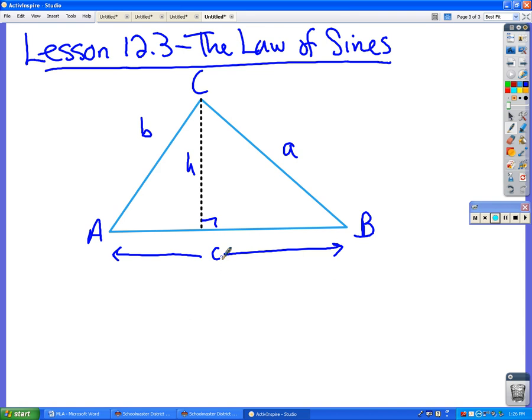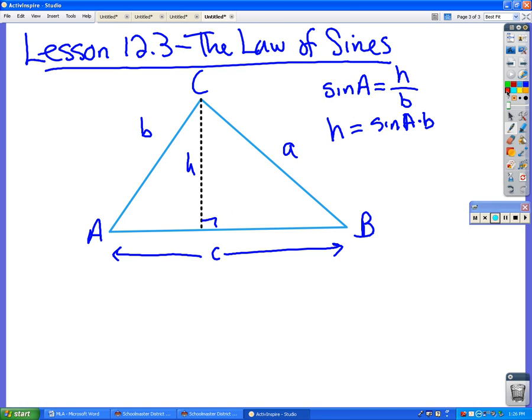If I do it with the one on the left, I'm going to start by saying that the sine of A equals what over what? H over B, opposite over hypotenuse. Which means that H equals what? Sine A times B. Yeah. Sine A times B.